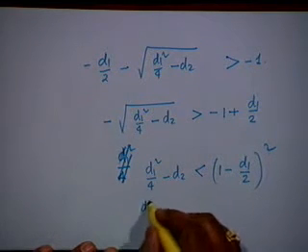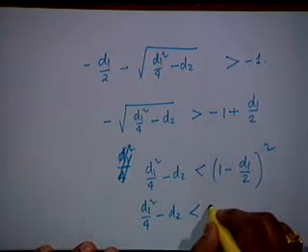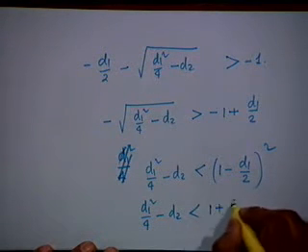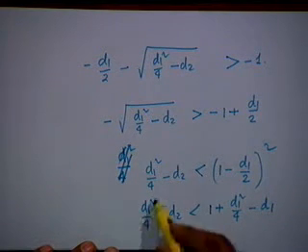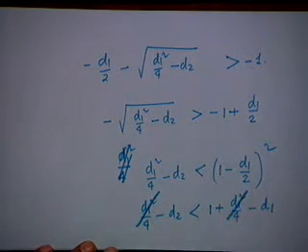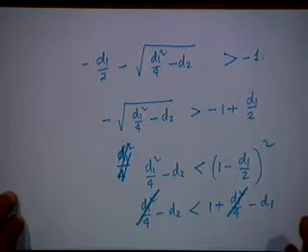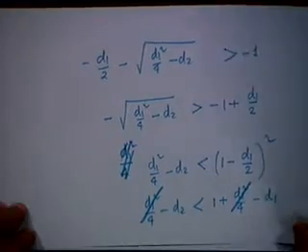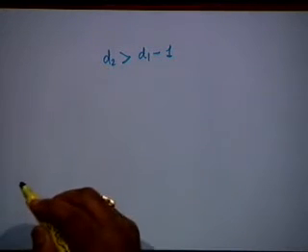So, I get d1 square by 4 minus d2 less than 1 plus d1 square by 4 minus d1. This cancels, and therefore, this condition is that d2 should be greater than d1 minus 1.